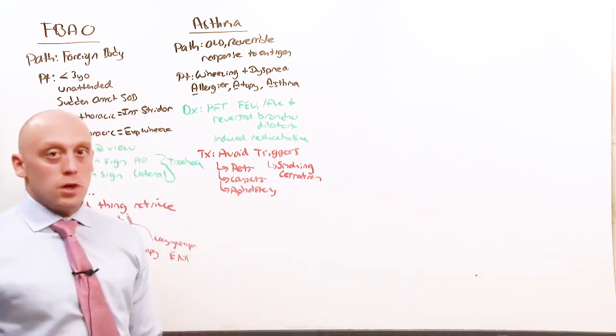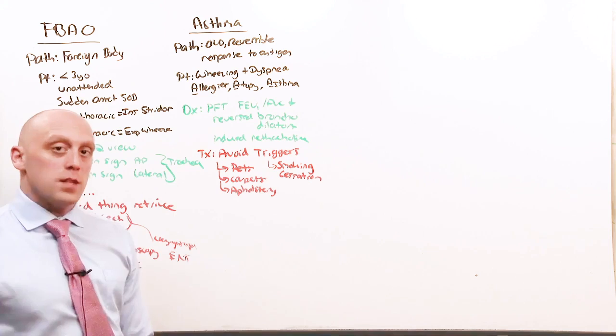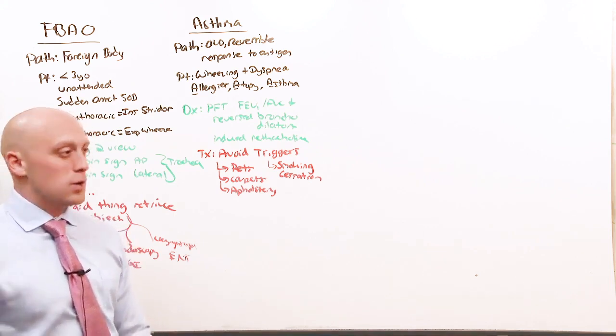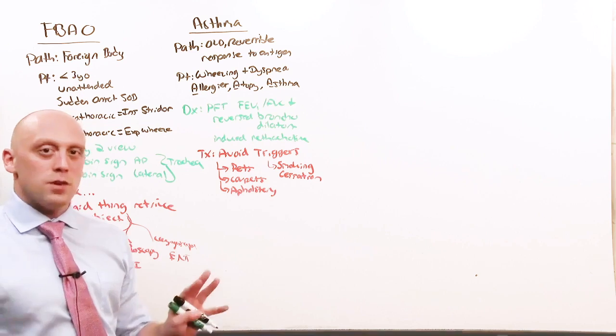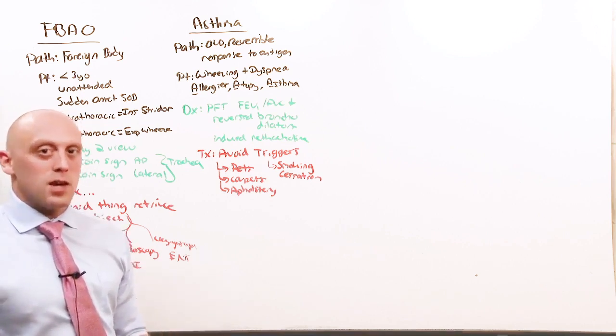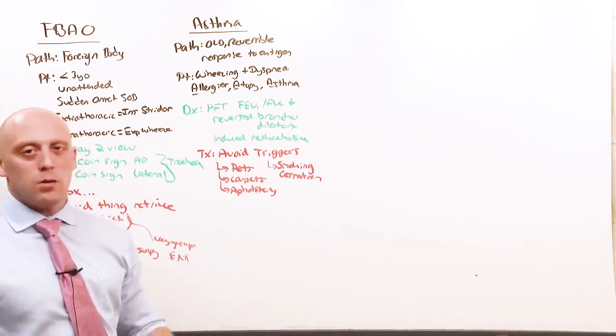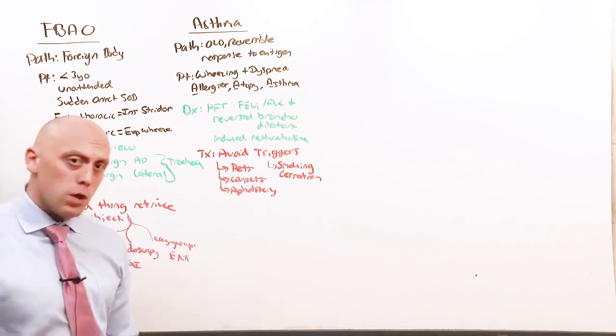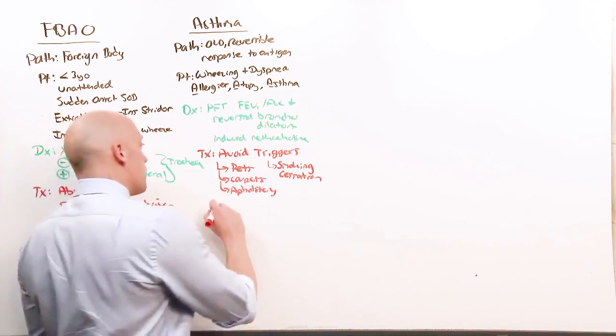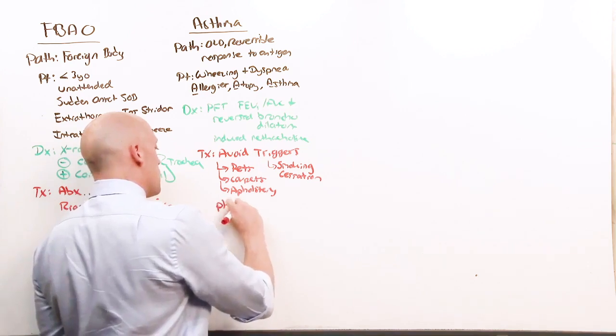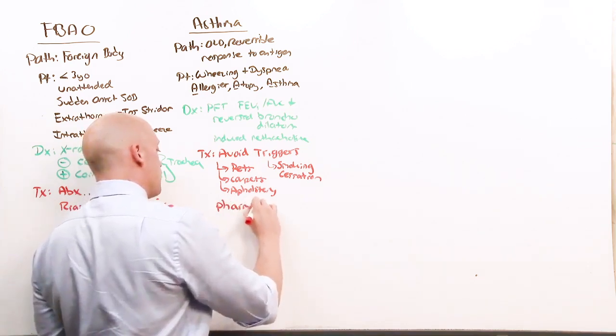And then you can also help the kids out by giving them medications to control their symptoms. Now, I don't want you to remember the frequency of nocturnal versus daytime versus the FEV1 to determine whether you're mild, persistent, mild, I don't want you to remember all that. What I want you to remember is that the pharmacologic therapy is done in an escalating fashion.